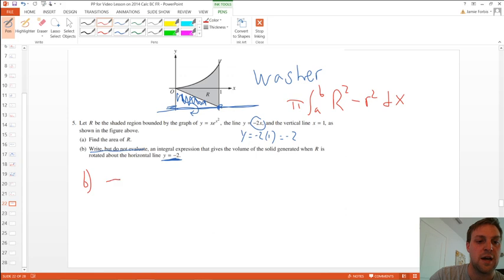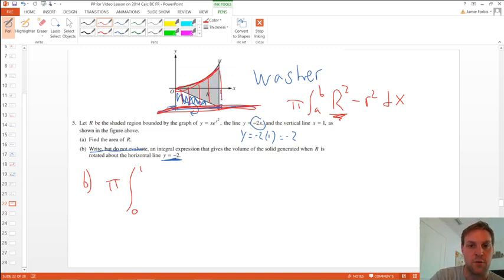It's going to be pi integral, a to b is still 0 to 1. And my big R, my outside radius, the one that's farthest away from my line of revolution, is this exponential piece. That's my bigger radius.